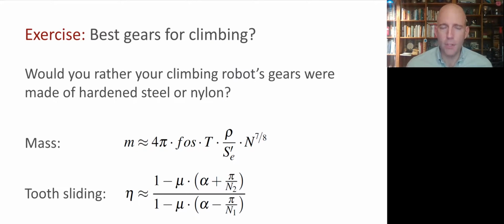So take a moment and you can find properties that you need for these materials online pretty quickly and try to figure out which you'd prefer, hardened steel or nylon, considering both the mass of the robot and the inefficiency due to gear tooth sliding. Take a couple minutes to do this independently, then compare your answers with your partner, and then come back. And you should hit pause now.